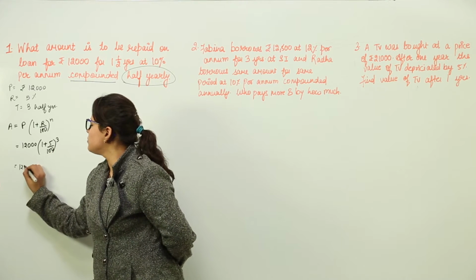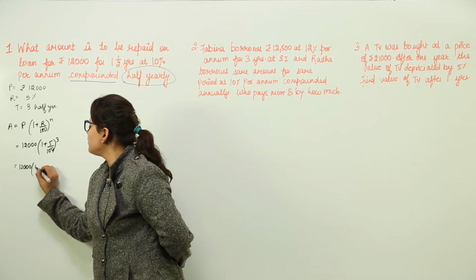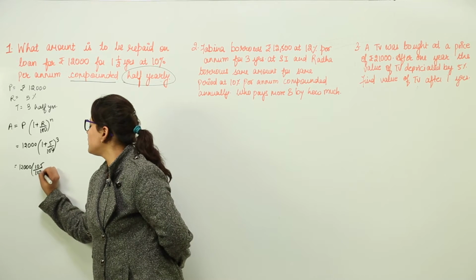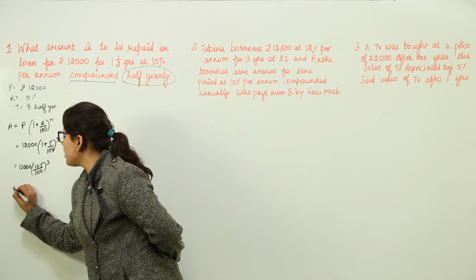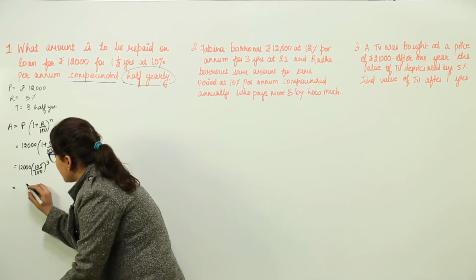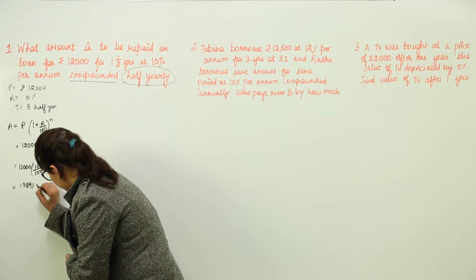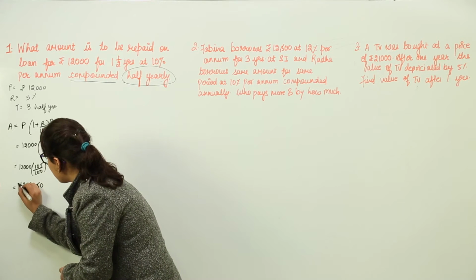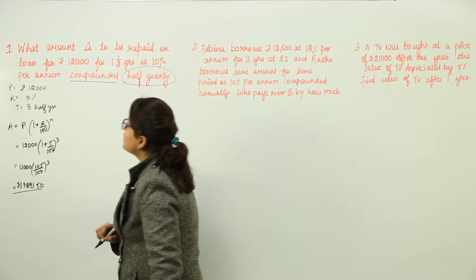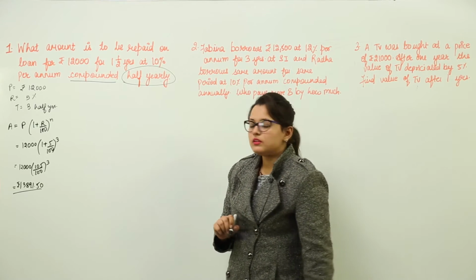This solves to 12,000 into 105 upon 100 raised to power 3. Further solving would get me 13891.50 as the amount for 3 half years, right?